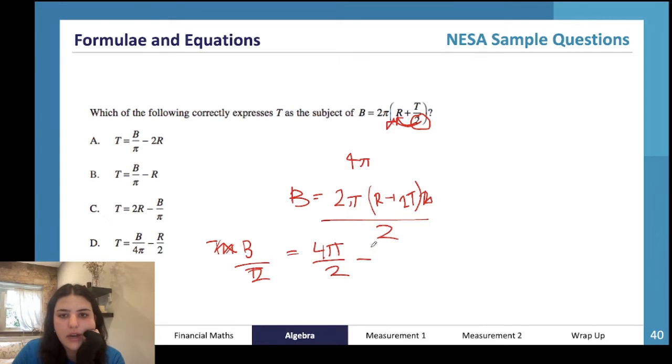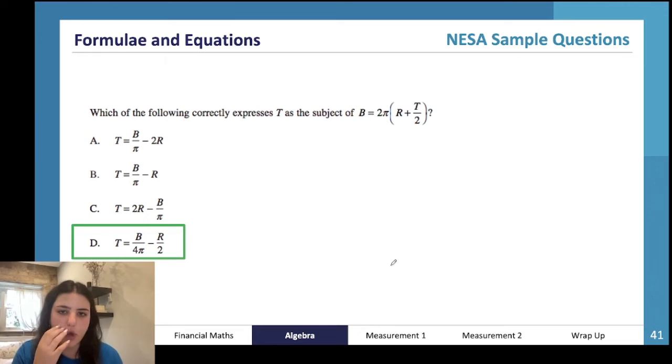A minus r over 2. Because we've got this r here, when we've gone back, it's become a minus because we don't treat this as a plus anymore. So then we'd end up with something like b equals, or t equals, because we want to move our b over, we would end up with b over 4 pi equals minus r over 2.